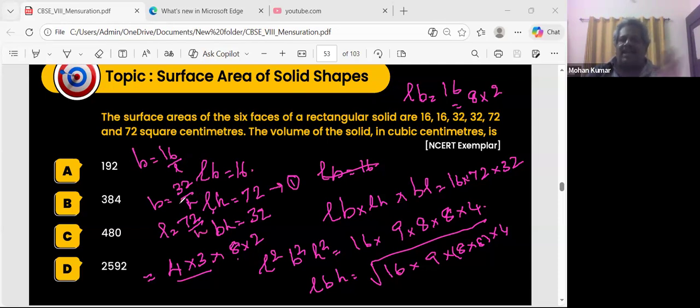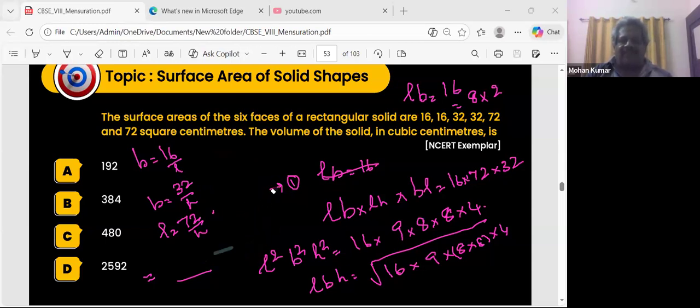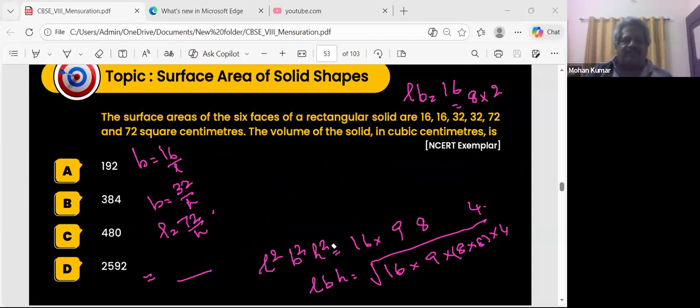Do we have any connection? B equals 32 by H. Is it right? Now let's make a connection here. I got the answer, but I'm waiting for you to answer it.